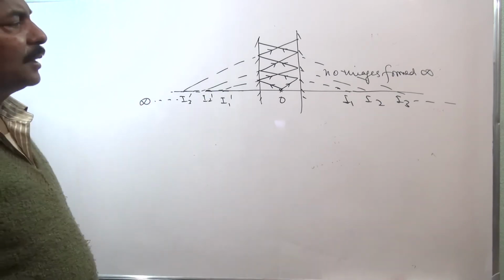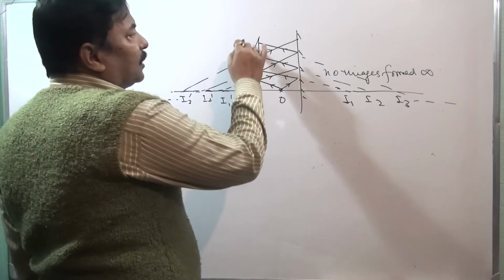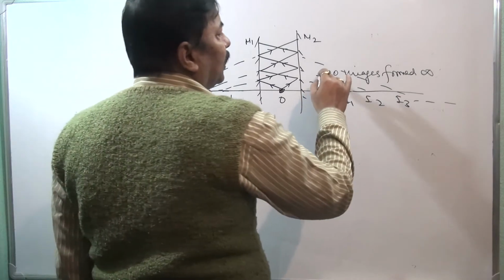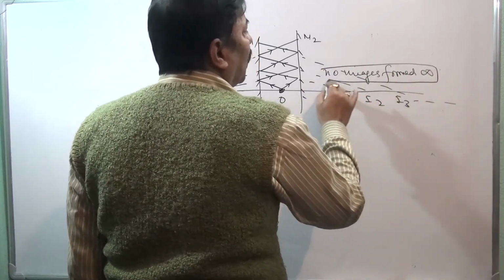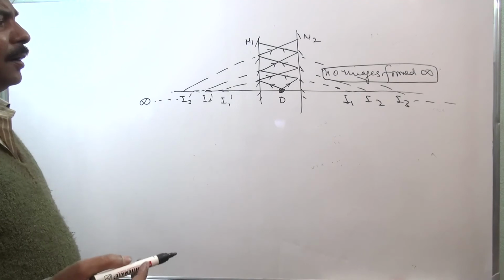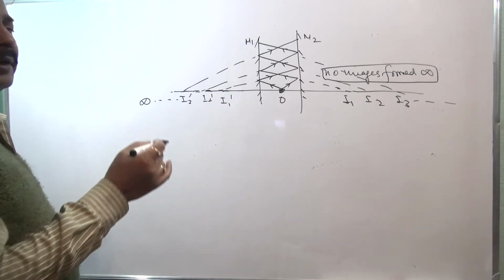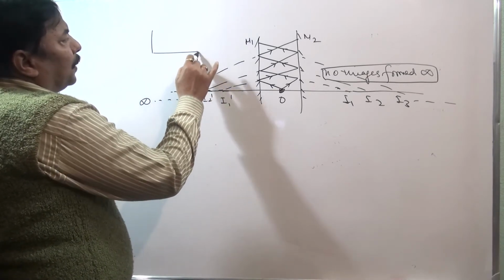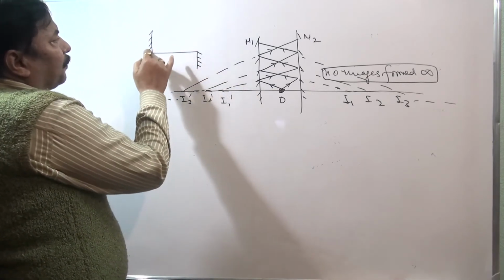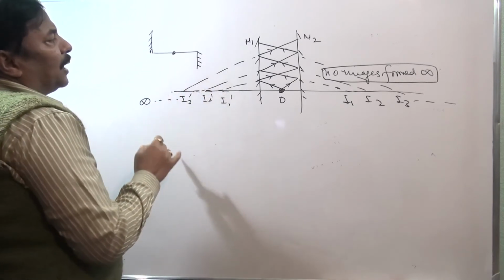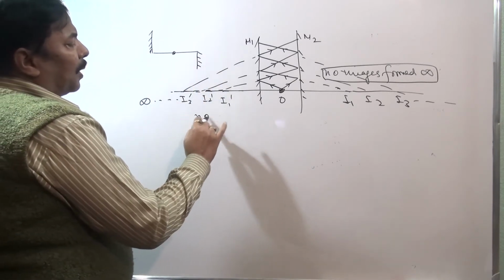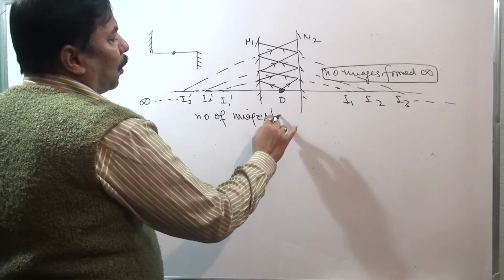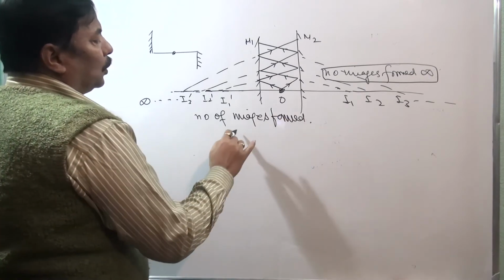So if two plane mirrors are kept parallel to each other and an object is placed between them, then the number of images formed is infinity. This you are supposed to remember all the time. Now here one more thing you should understand very carefully: if two plane mirrors are arranged in this way, and an object is placed, then the number of images formed will be 2.